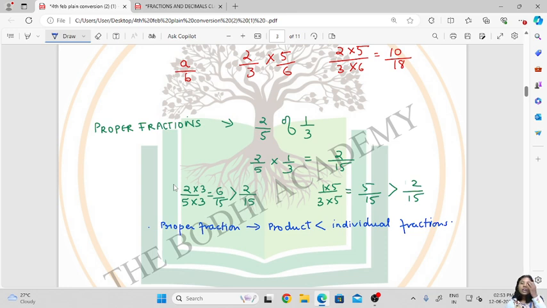See, now here our product was 2 by 15. So first we compared it with 2 by 5, that gave us 6 by 15. So here our individual fraction is greater than the product fraction, and similarly we saw it in this case.